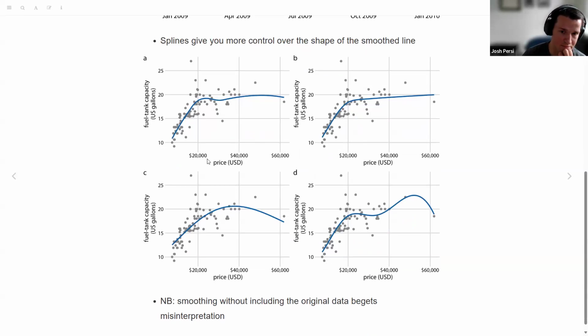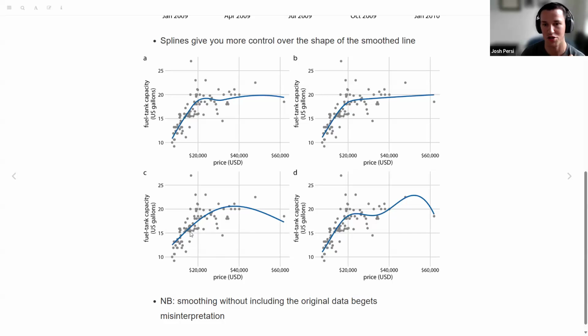But with any function that automagically smooths your data, there are parameters you can tweak to get pretty radically different looking smooth lines. And that's why I think, the author didn't say this specifically, but plotting a smooth line without the raw data underneath in some capacity is probably asking for misinterpretation.